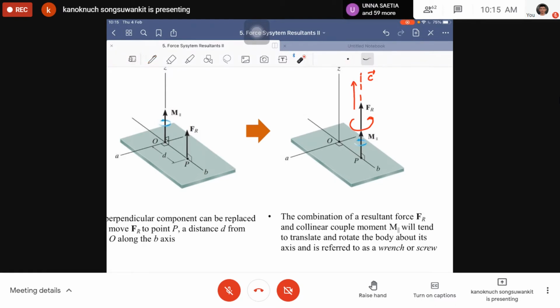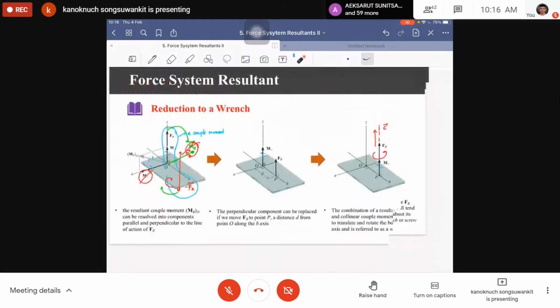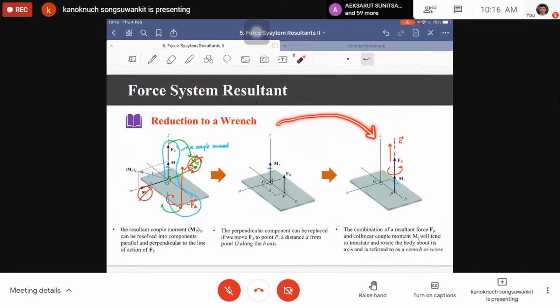We call this movement a wrench or a screw, right? When you are turning a screw, it will both rotate and also translate along a line. Okay, so here is another equivalent system, a wrench.